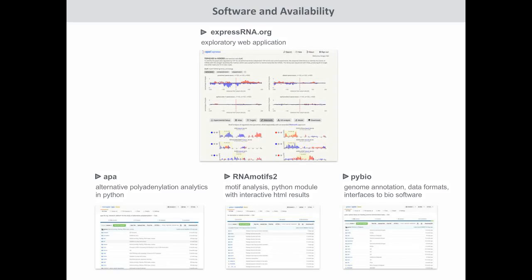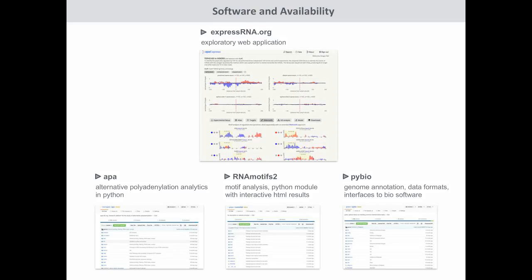So expressRNA is an online web application where for now you can explore the results that we were talking about here. And it's composed of three different Python modules. The APA module takes care of the pre-mRNA sequencing data and the processing. This module integrates several external state-of-the-art tools for mapping to the reference genome, doing various analyses and so on.